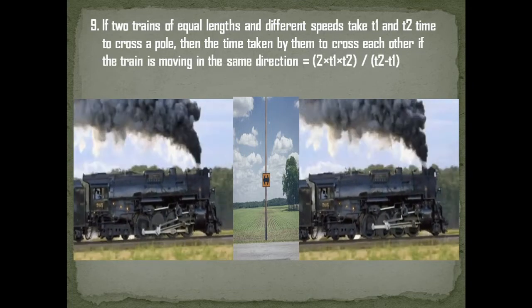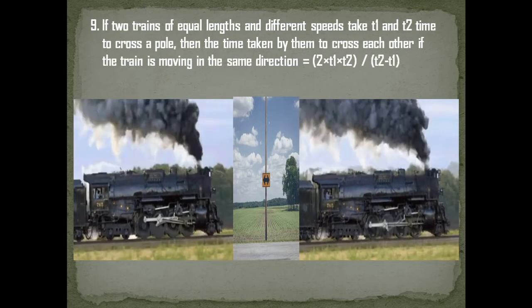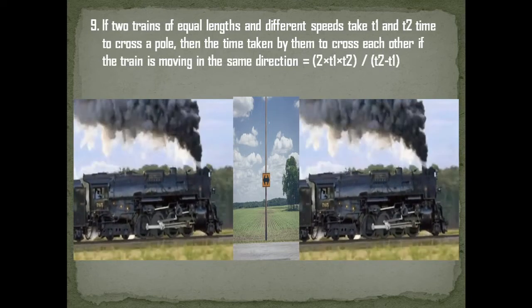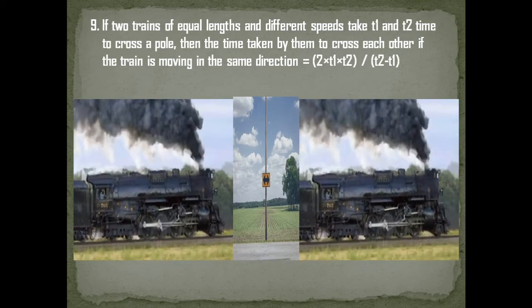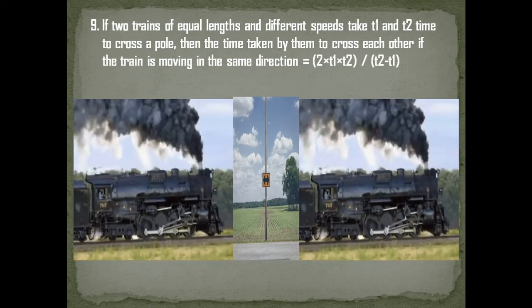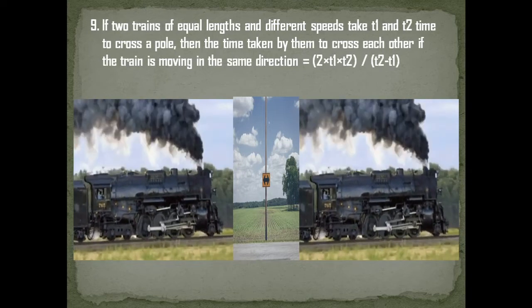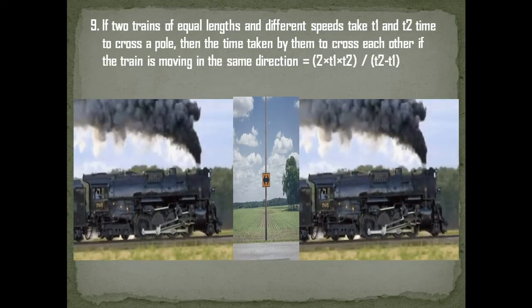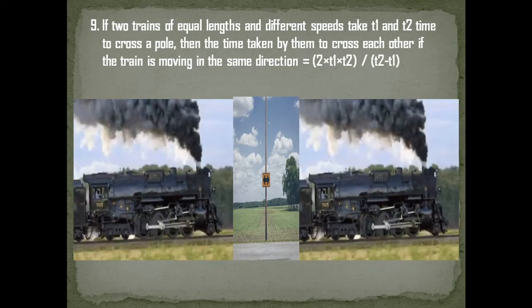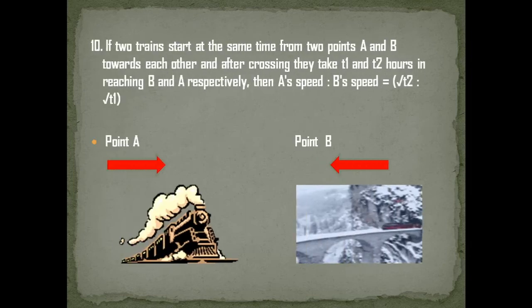If T2 is greater, then you will take T2 minus T1. If T1 is greater, you will change it to T1 minus T2. But relative speed is the difference of the individual speeds. It depends on the direction. If it is the same direction, relative speed will be the difference of the individual speeds. If it is the opposite direction, then the relative speed will be the summation of the individual speeds. That is the point you need to concentrate on.